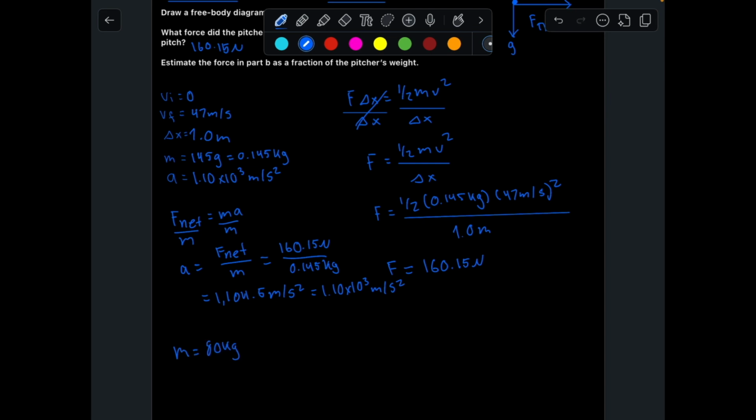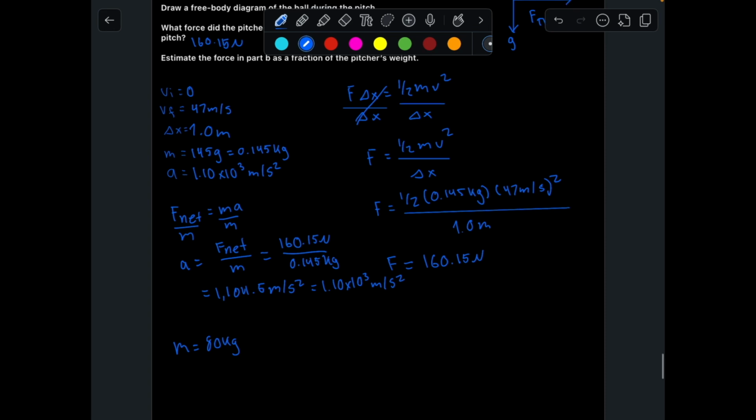And now if we're given the mass and we want to get to the weight, we're going to use the formula weight is equal to mass times gravity. And when we plug and chug that, we're going to have 80 kilograms times 9.8 meters per second squared. And we get 784 newtons. This is a good number to work with.